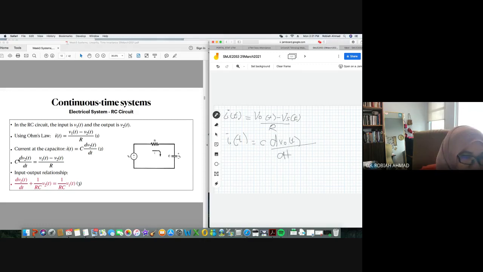So if we equate, this is what we have here: C dVo/dt equals the current through the resistor, so I just rewrite it here.